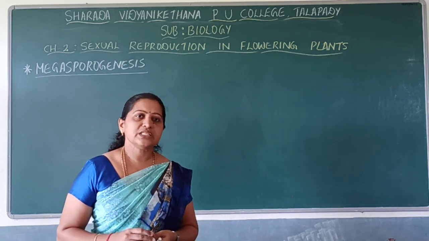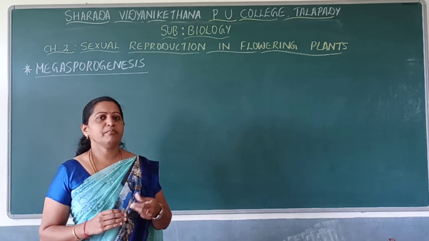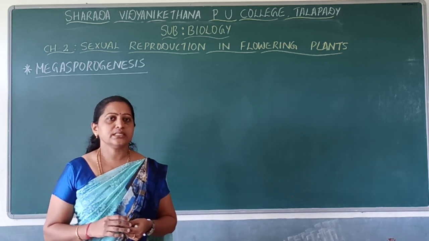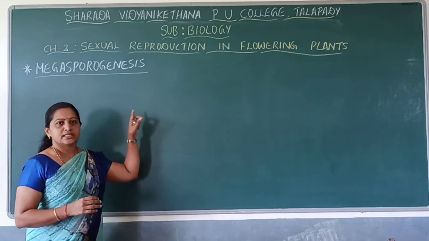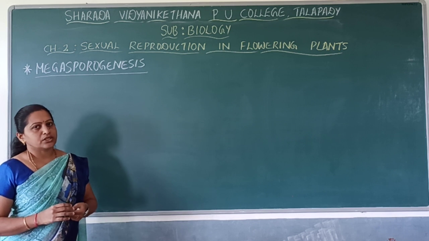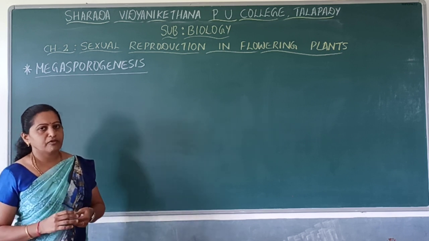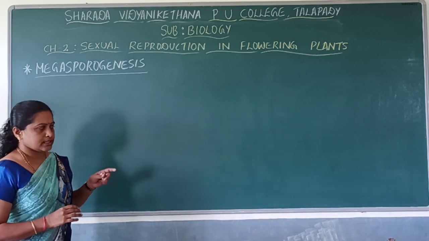In the previous classes we studied that a similar event also takes place in the male reproductive unit, that is microsporogenesis. This megasporogenesis is the process that takes place inside the female reproductive unit. So don't get confused between microsporogenesis and megasporogenesis.